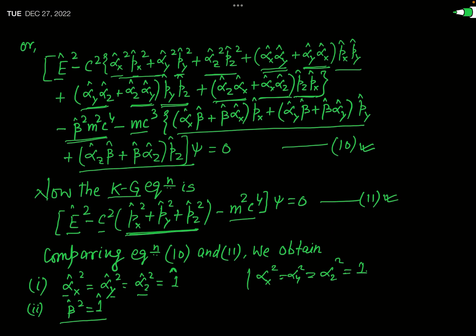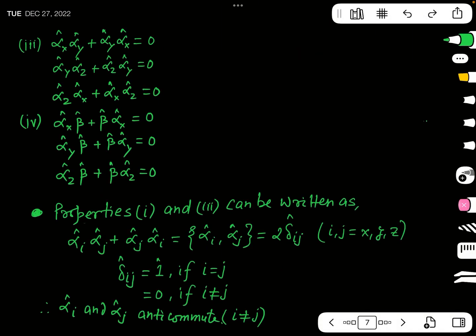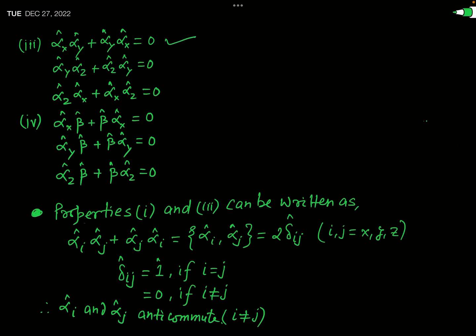It means the coefficient of px times py, py times pz and pz times px must be equal to 0, because such terms are not present in this equation number 11. So comparing term by term, you can conclude that alpha x, alpha y plus alpha y, alpha x will be equal to 0. And similarly, alpha y, alpha z plus alpha z, alpha y is also equal to 0. Alpha z, alpha x plus alpha x, alpha z is also equal to 0.